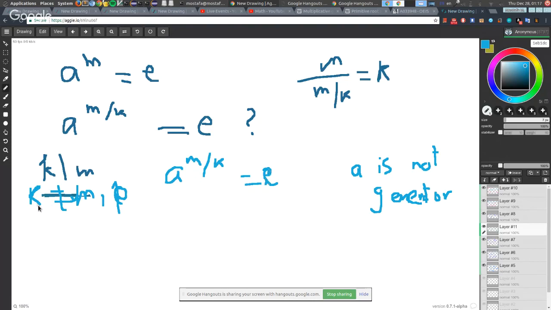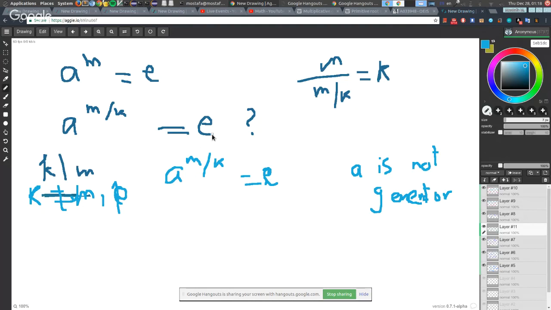And if k is equal to m, then we already assume that a is equal to the identity, which is not what we will usually be using. Clearly, if a to the power of 1 is equal to e, then it will not be a generator.